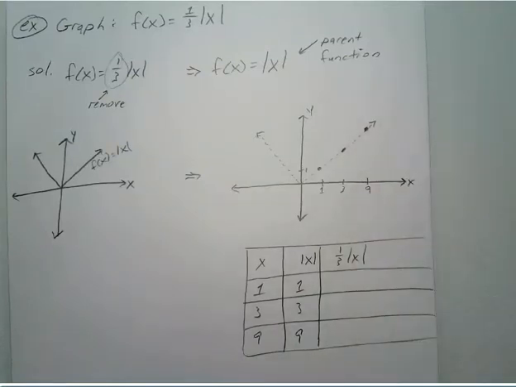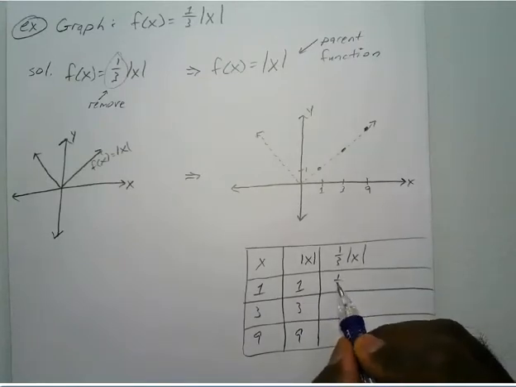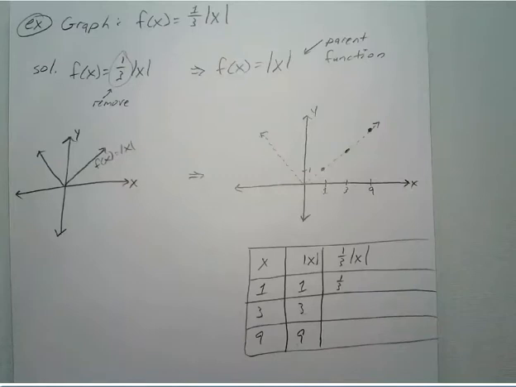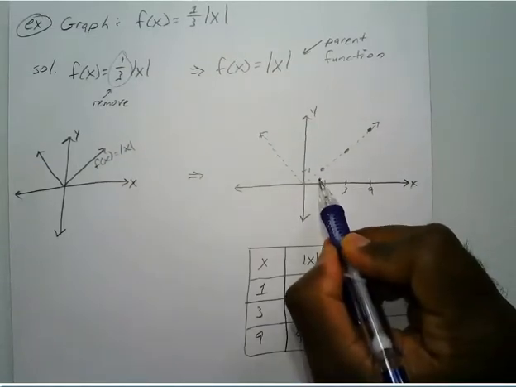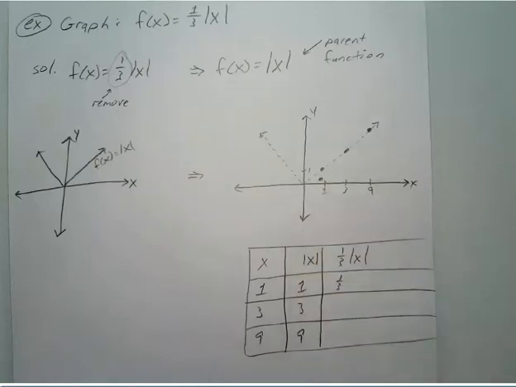Now imagine if we get all of those values and multiply them by 1 over 3, which is the same as dividing by 3. So if you have absolute value of 1 is 1, you multiply that by 1/3, you get 1/3. So now this x equals 1 becomes 1/3, which is about right there.